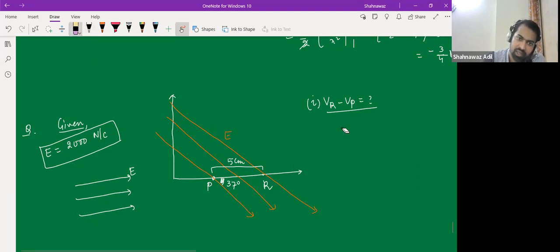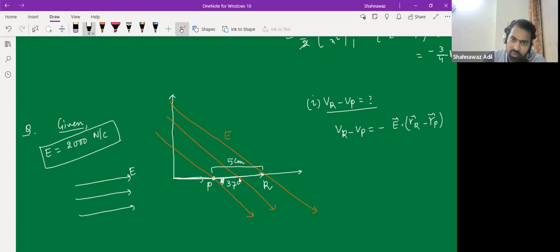For a uniform electric field, what is the potential difference? This is minus E dot, R minus RP. So R is this vector, and RP is this vector.